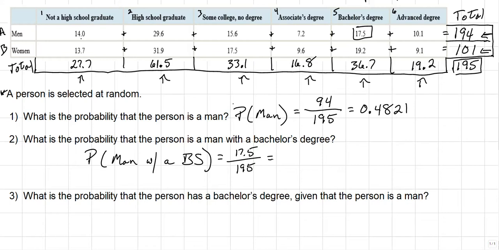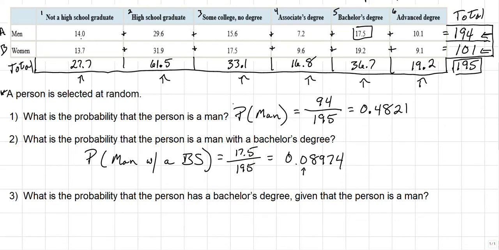So we have 17.5 million men who have a bachelor's degree, and we divide that by the total of 195 million, and we end up with the following. Notice that I'm going to round this to 5 decimal places because of this leading 0 here. I want to have the same number of significant digits.